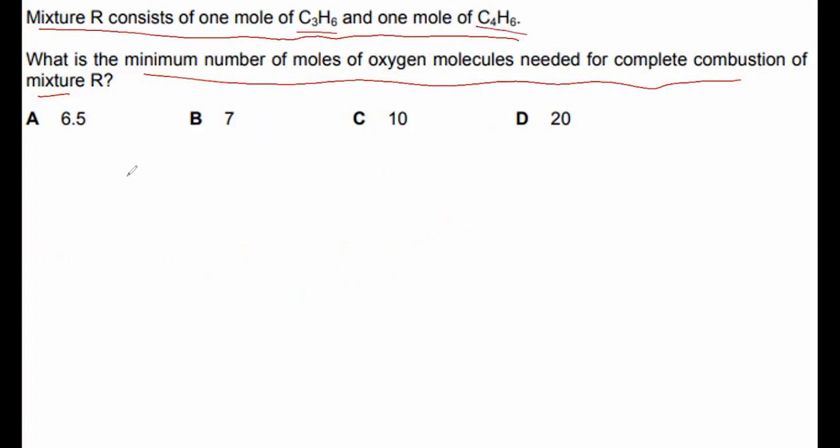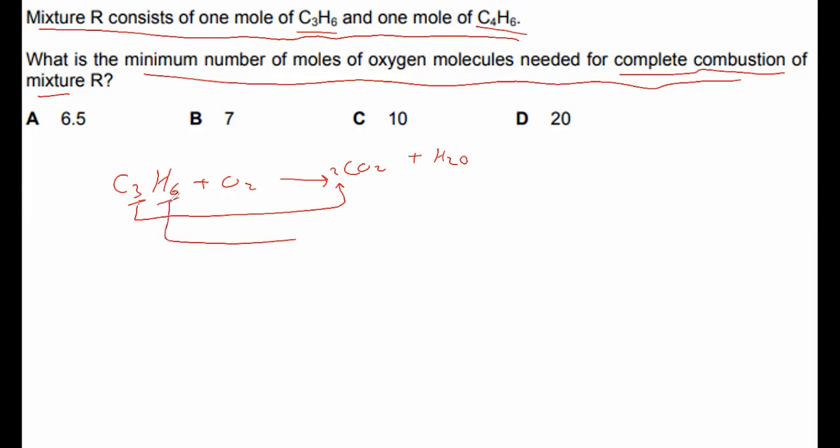Look, guys, C3H6 plus oxygen, this is complete combustion, so we get CO2 plus water. As I told you, for balancing, the number beside the carbon is multiplied by CO2. The number beside the hydrogen will be multiplied by H2O, but we divide by 2, by the way.